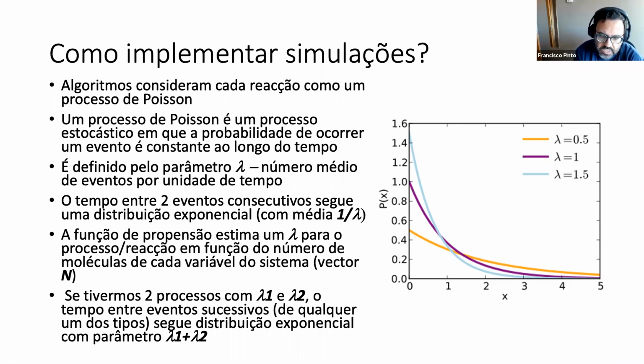Another useful property of this exponential distribution is that if we have two or more processes with different lambdas, with different average numbers of events per unit time, you can estimate the joint Poisson process.